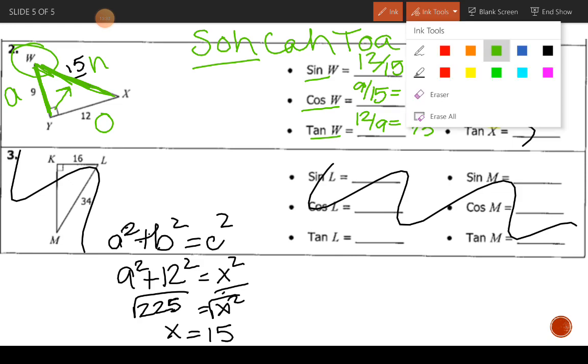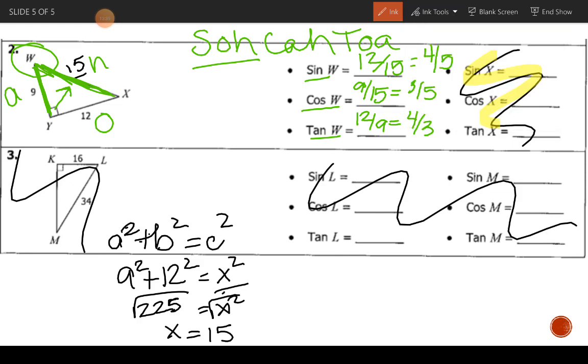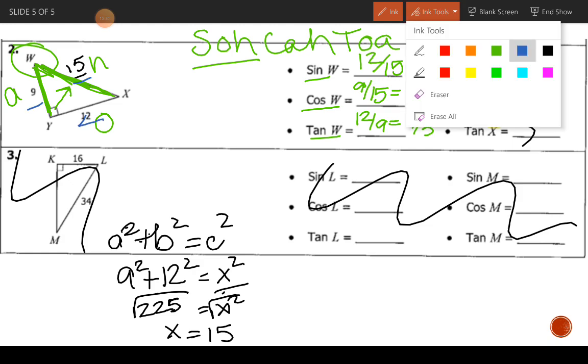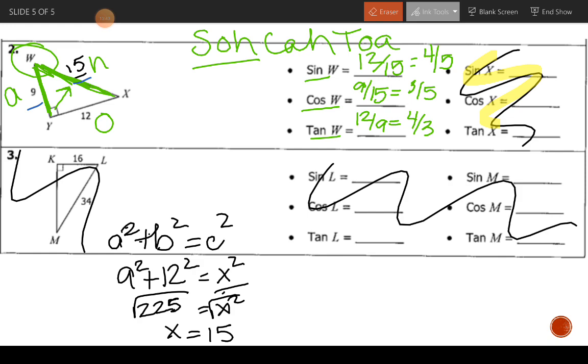Okay. Now a trick here, if you would like to, you don't have to do that, is 9, 15, and 12. What you could notice is right off the bat, all 3 of these numbers are divisible by 3. So what we could do is we can simplify this entire triangle by 3 first.